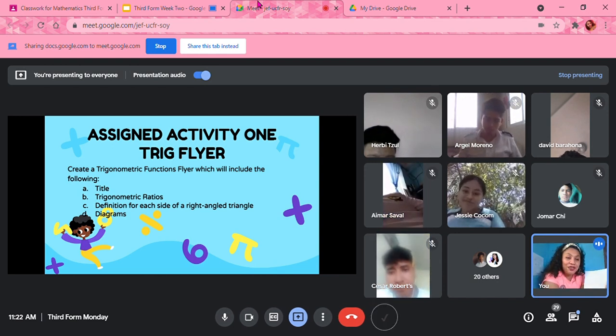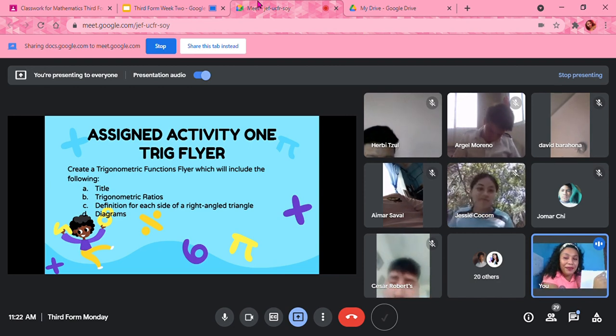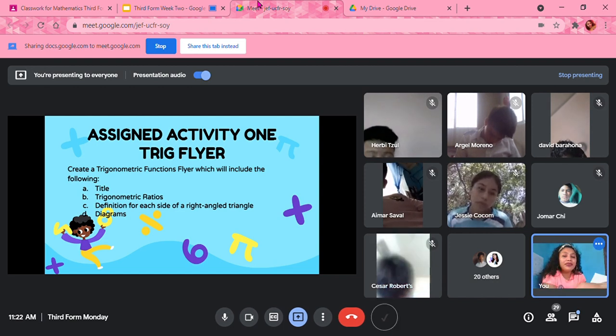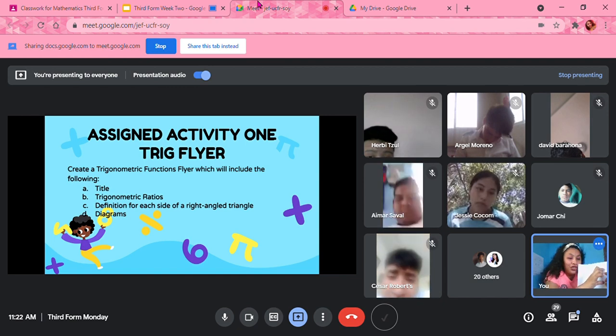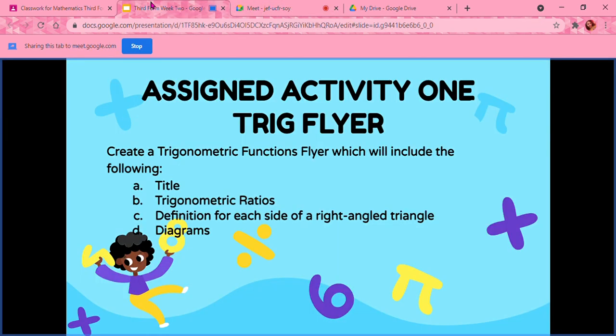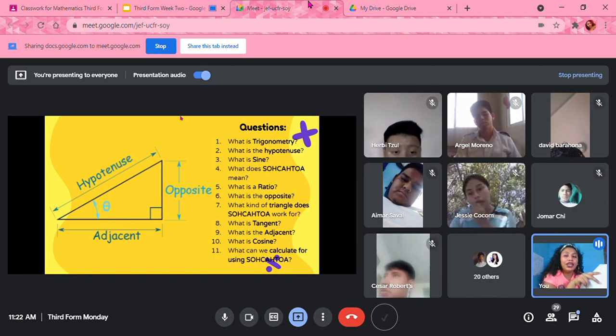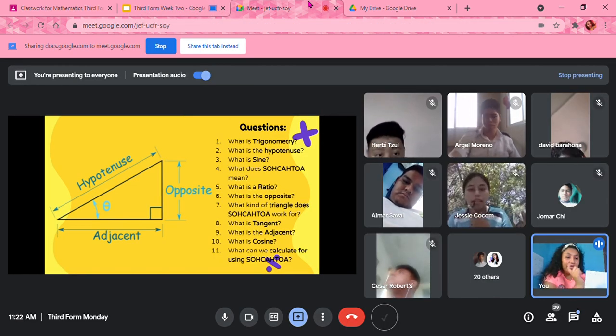All you have to do, open that same thing, copy exactly what I have there. Trigonometric ratios is gonna be your title. You are gonna do the picture of the triangle. So the same triangle that I have here, you can do the same picture, and you're gonna label hypotenuse, opposite, adjacent.